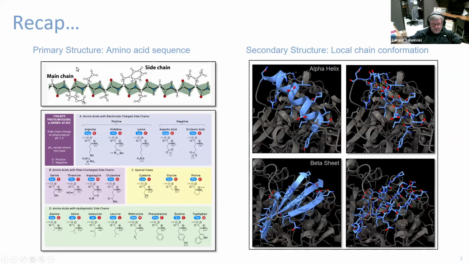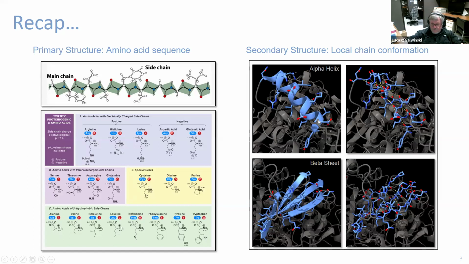That's what determines the so-called primary structure, the amino acid sequence, the order of the side chains. And then if you start to look into local arrangements of how the backbone folds locally, you're going to see that there are repeating patterns. The most common are alpha helices, which are periodic.